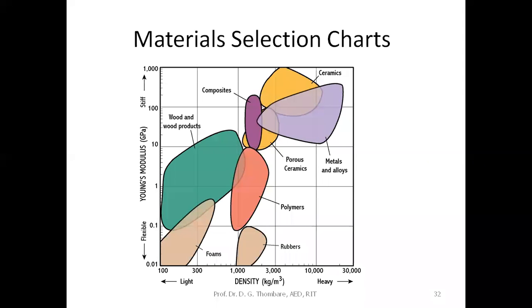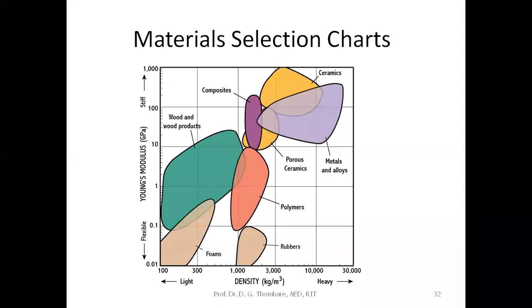If you want somewhere mid density and mid stiffness, meaning somewhat stiff and of intermediate weight, then you can select polymers, because they are not exactly light in weight, but they have lower weight and provide better strength also. You can have composites, which increase stiffness, but density remains very similar to polymer. You can have ceramic materials, which give very high stiffness, but at the same time their density is also high.